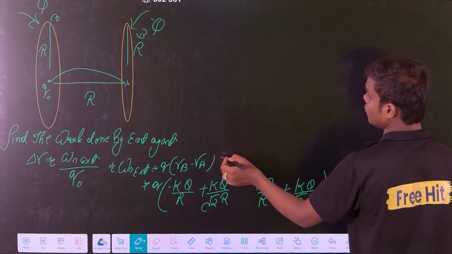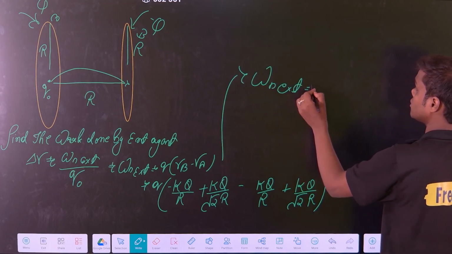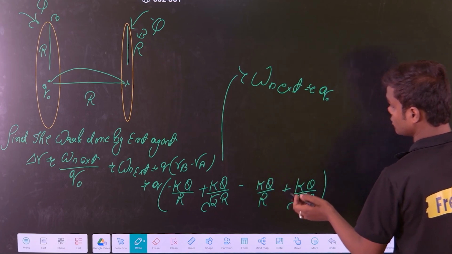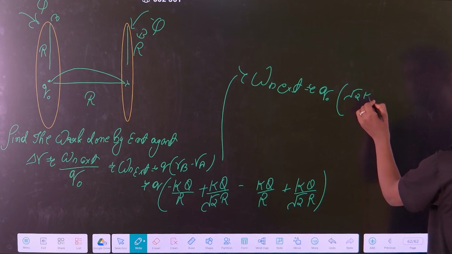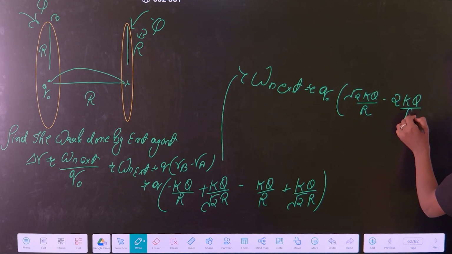So what is my work done? The work done by the external agent will be equal to q naught into, if you add this, root 2 times of kq by r minus 2 times of kq by r, correct?